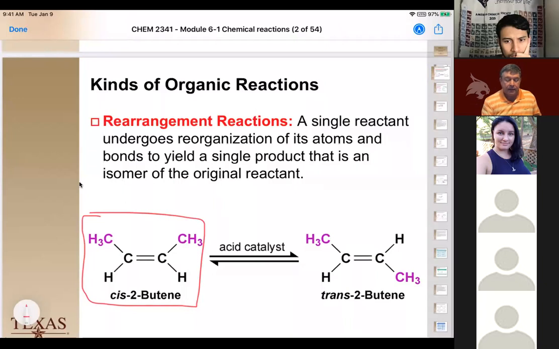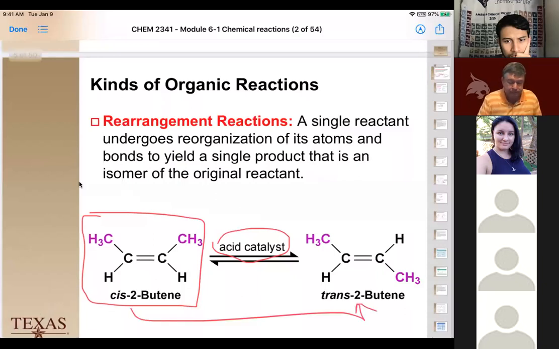And in that case, we go from the cis to the trans, so they are no longer the same compound. However, they are isomers of each other. They have all the same connections. And this is what we call a rearrangement reaction. And those are sometimes useful if you want to make different chemical substances.